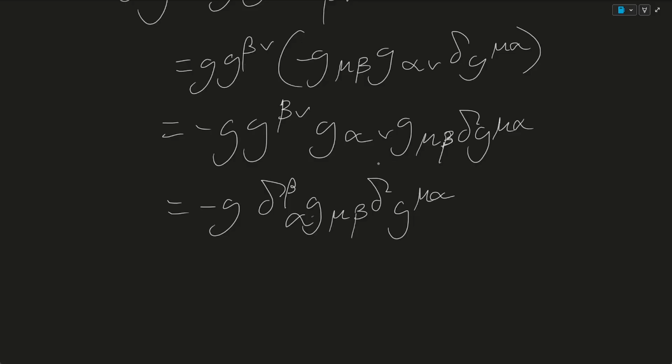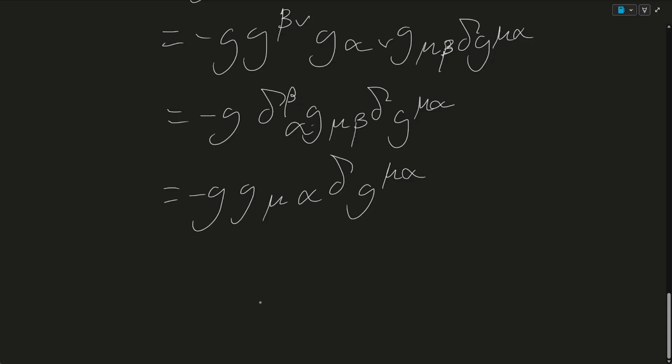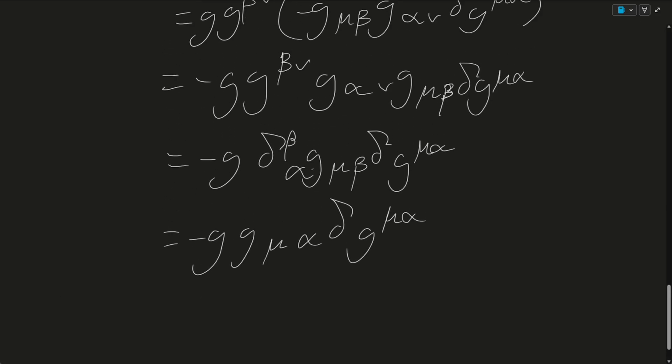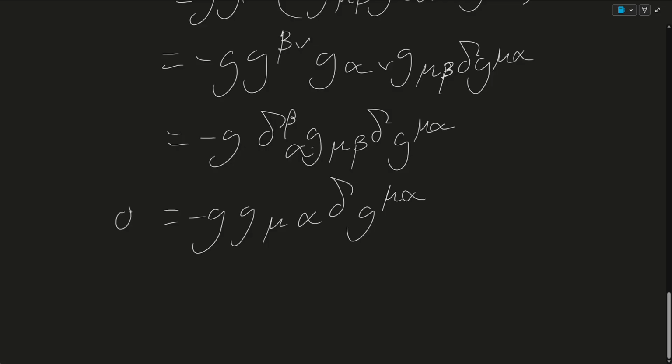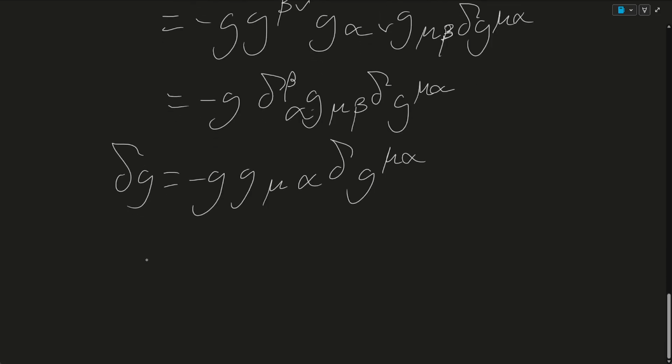Did I forget something? No, that's alright. Which is just minus g mu alpha delta g mu alpha. No, I'm happy with that. So that's our delta g.